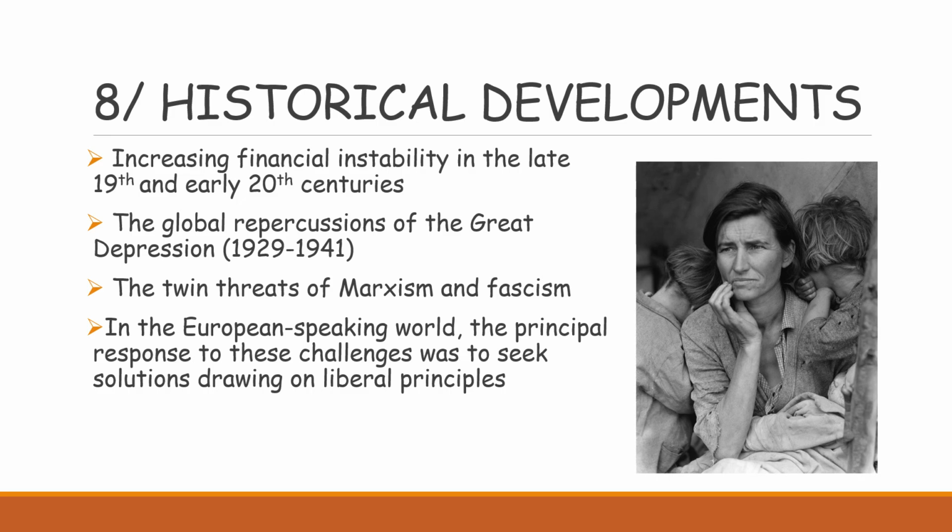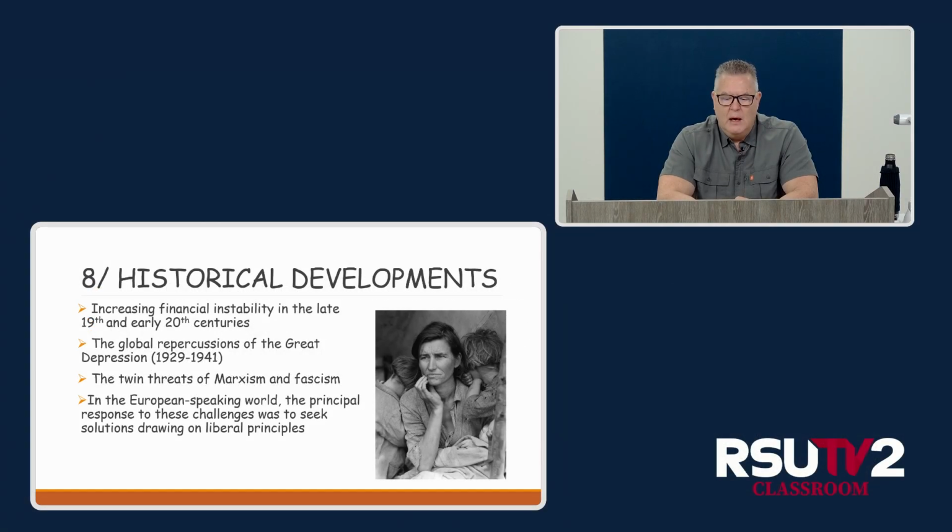And of course, really beginning with the financial panic of 1896, and then the Great Depression, you really see this need for more governing authority. Alongside that, you also have the emergence in the 1920s, and actually even before then, of the twin threats of Marxism and fascism.